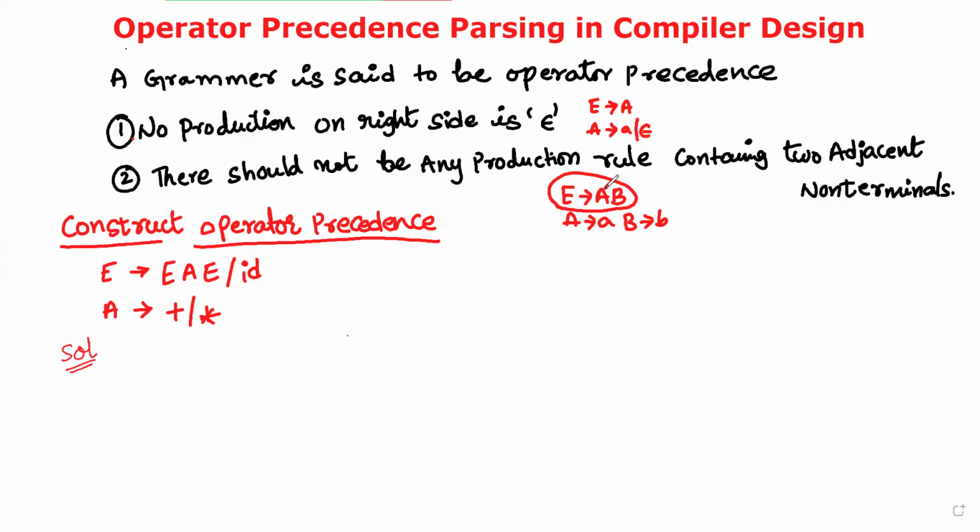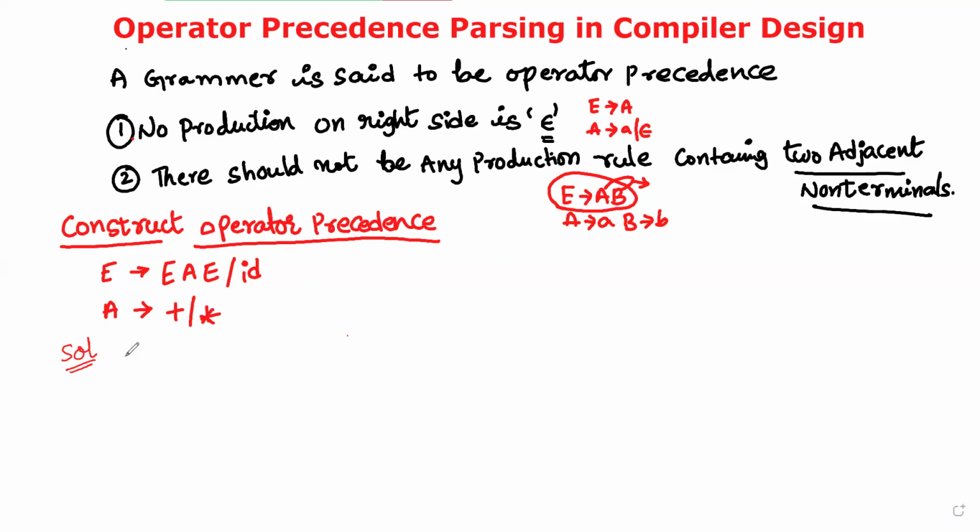As per the definition you should not have any adjacent non-terminals. So, important point: it should not have epsilon in the right hand side, and no two adjacent non-terminals in the right side.